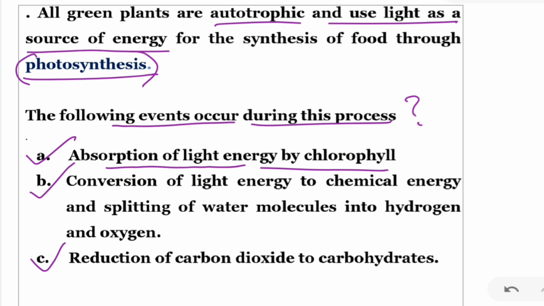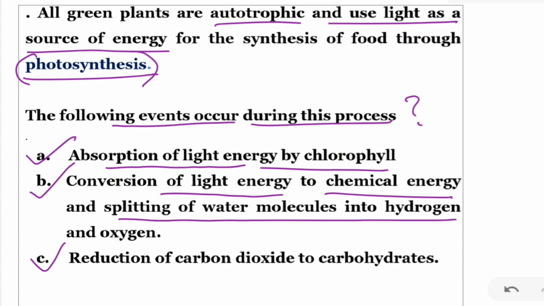That is chlorophyll. Now the second step is an important one: conversion of light energy into chemical energy and splitting of water molecule into hydrogen and oxygen. In the second step there are two things given. One is conversion of light energy into chemical energy and the second one is splitting of water molecule into hydrogen and oxygen. What is the meaning of this?